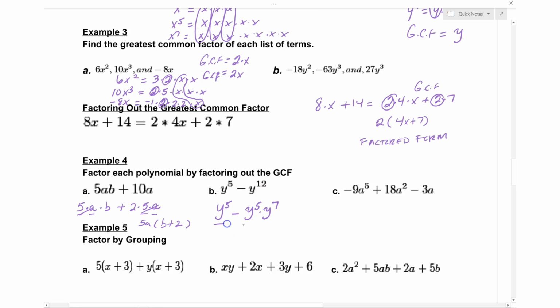So now we are going to factor out y to the 5th, and we're left with 1 minus y to the 7th. And if you wanted to check this out, you would just simply multiply. So y to the 5th times 1 gives you y to the 5th, and y to the 5th times y to the 7th gives you y to the 12th.